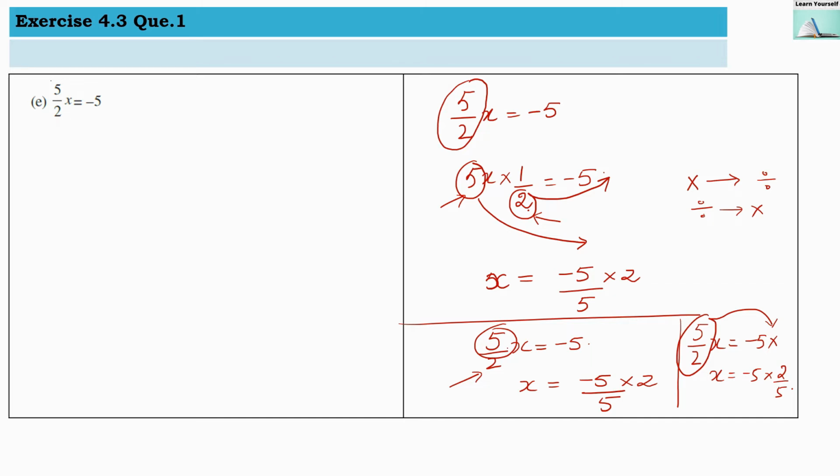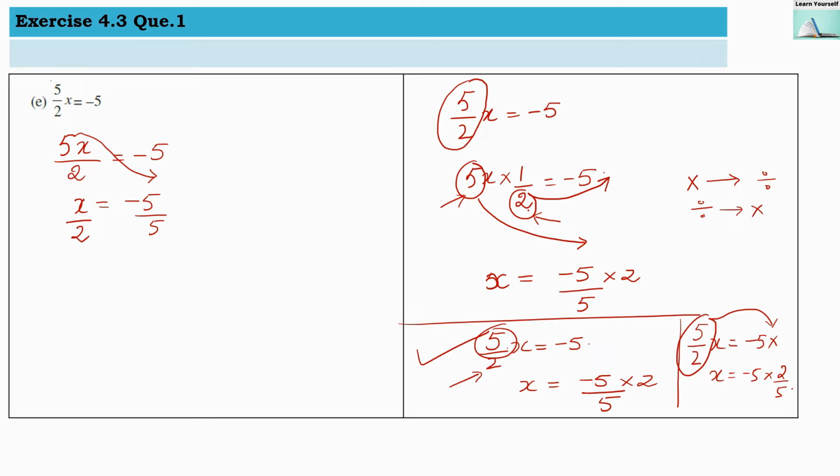So let us stick to this method: the number in multiplication goes to division and the number in division goes to multiplication. Here x equals minus 5 divided by 5. This 5 I have taken to the denominator once it changed side, so divided by 2 is still there.